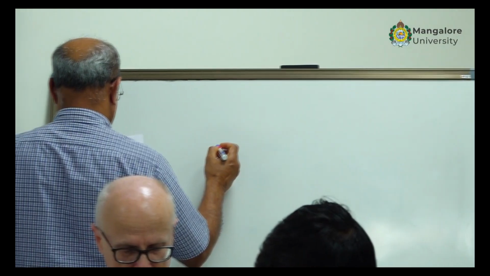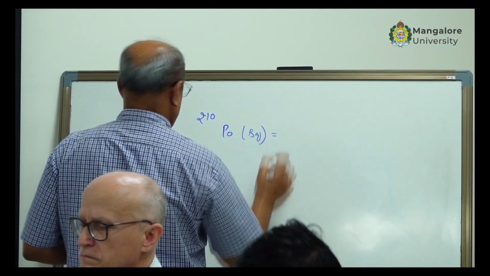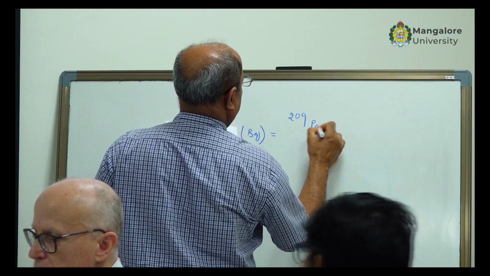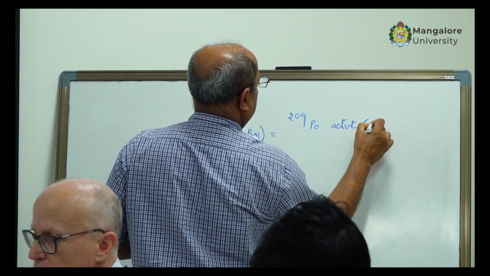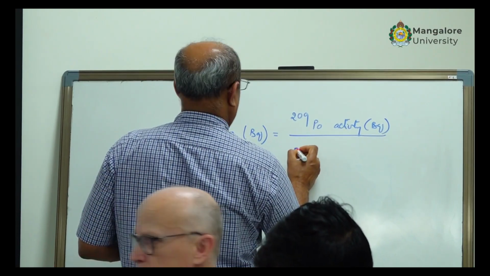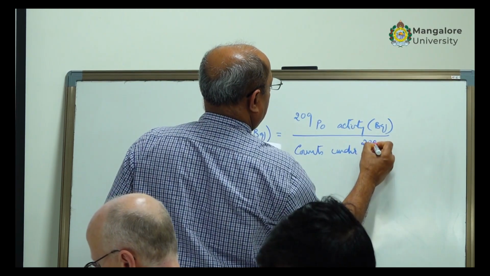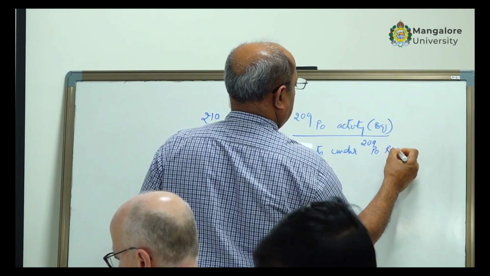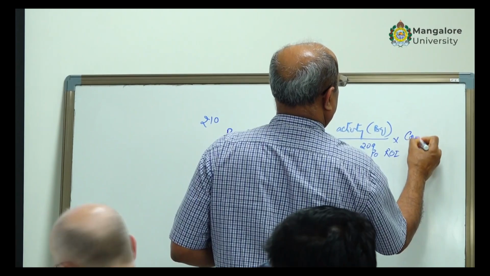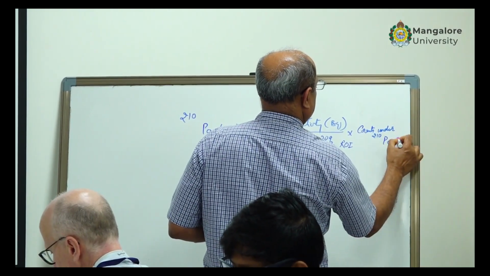You can write down: polonium 210 activity, in becquerel, is equal to polonium 209 tracer activity in becquerel, divided by counts under the polonium 209 ROI, into counts under the polonium 210 ROI.